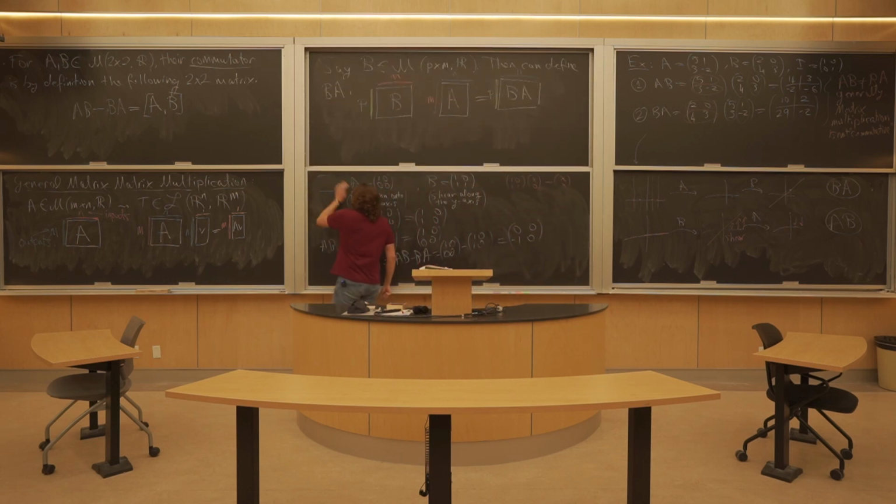And I can just use this index notation. So all I need to do is to tell you what the ijth entry of the product is supposed to be.